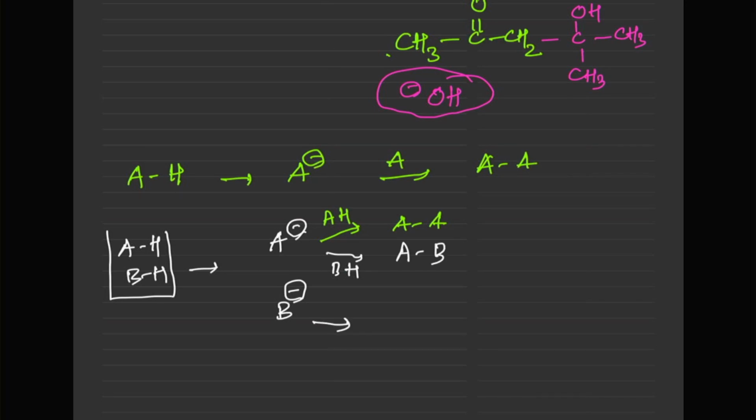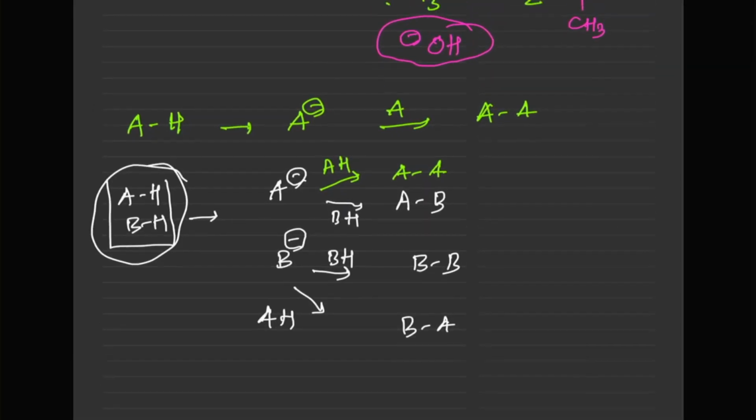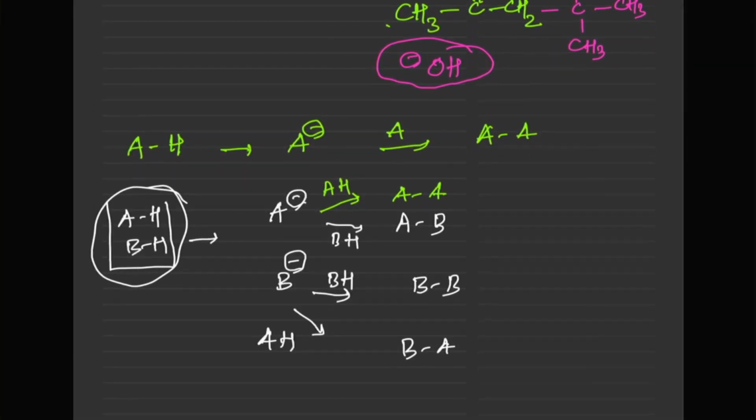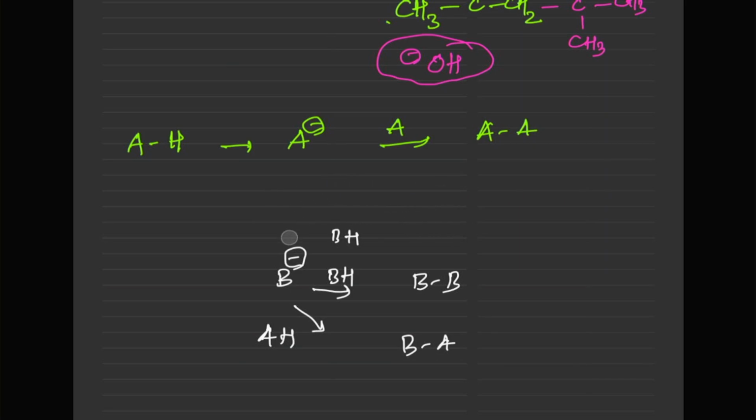Same here, B minus can react with itself to give you BB. B minus can react with AH to give you BA. So you can get a mixture of 4 products if you try to cook 2 of them together. So practice this, how many possible different products you can get. This is where the cross aldol condensation reaction comes into play, which I will discuss in the next video.